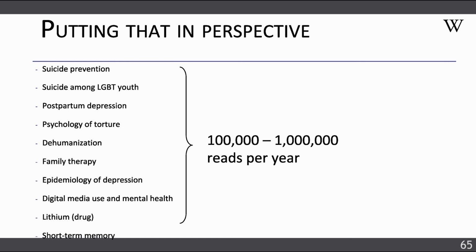And his talk on day two, this is one of his slides, and he's like, so I'm not a psychologist, but these are the things that I hear you talking about. And yes, they have a Wikipedia page, and they're getting 100,000 to 1 million views a year. If psychology really wants to help people, he's like, this is a golden opportunity to reach more people.